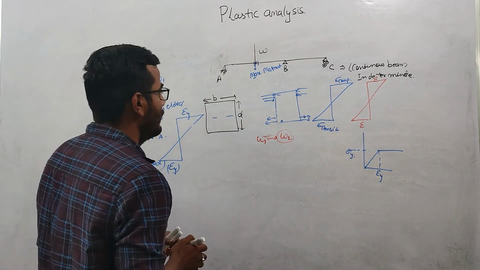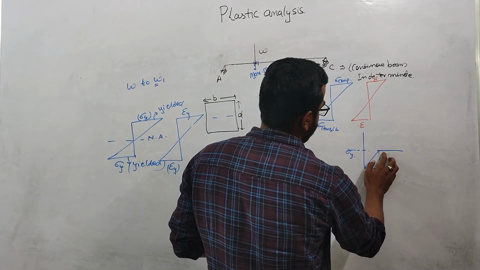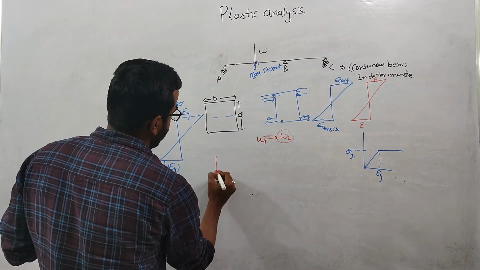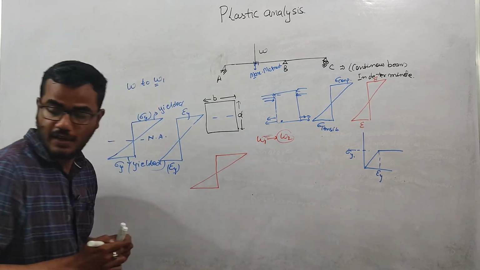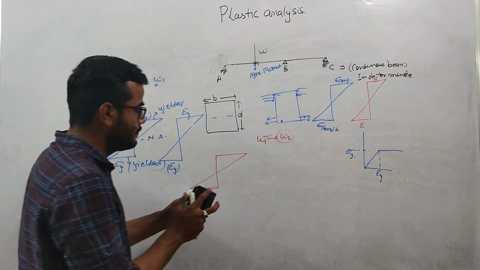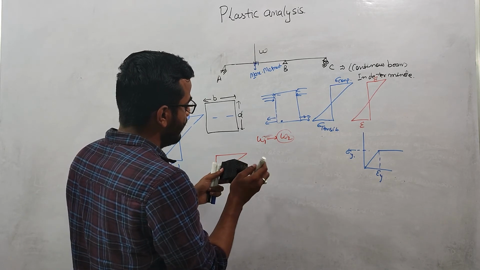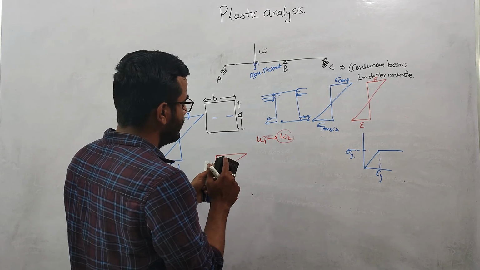Now what will happen? As you can see from this curve, the stress value will be constant. So if we draw the stress diagram, and again, if this is a cross section, this upper fiber after application of this compressive force has yielded.